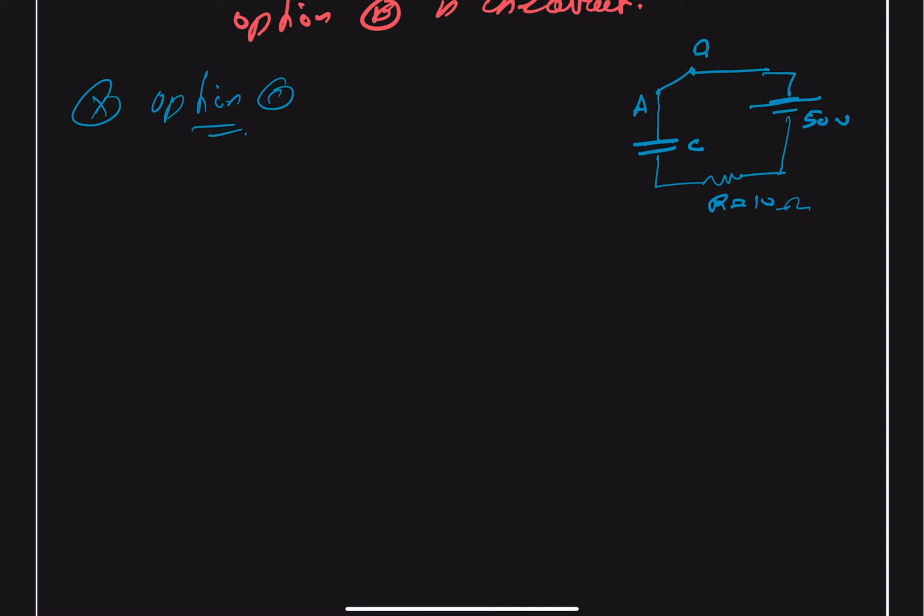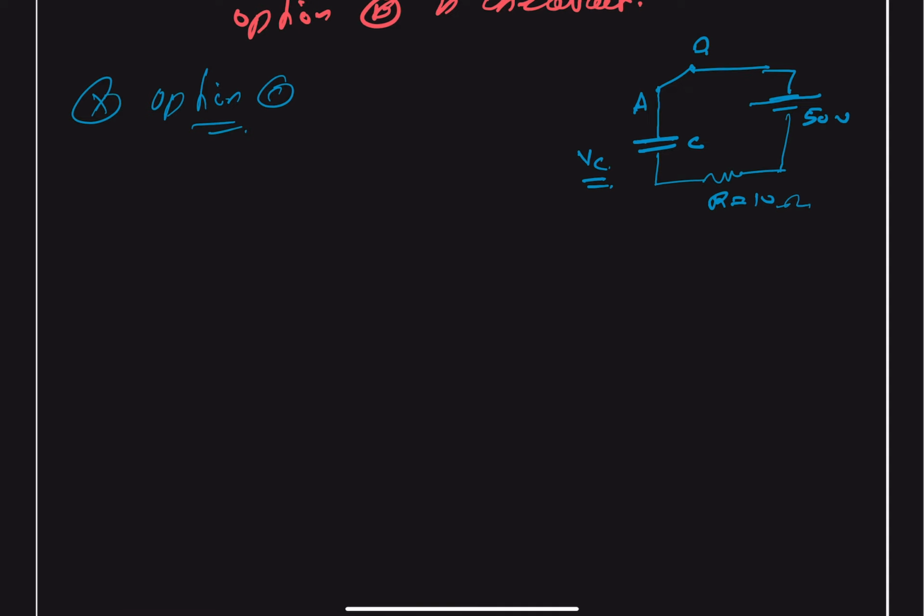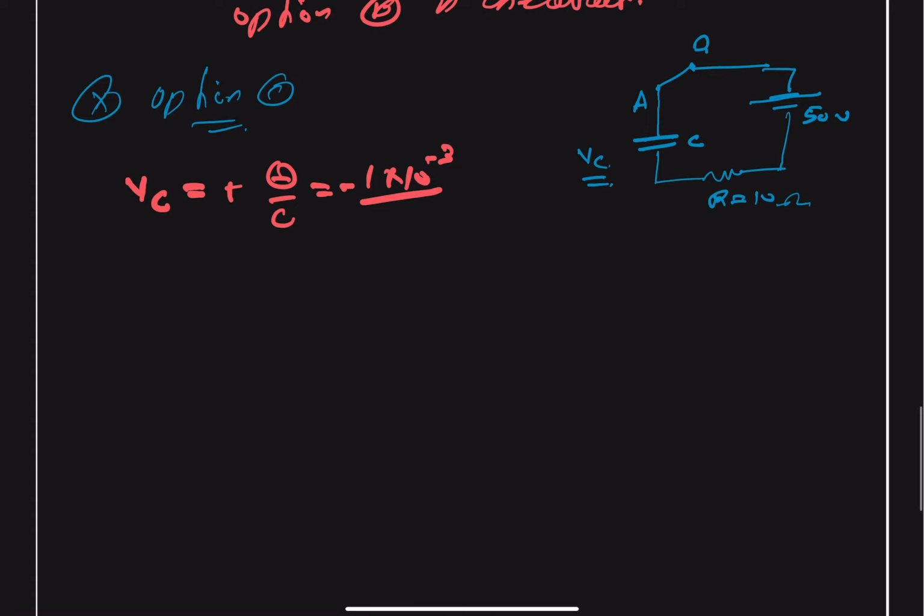Now we can find out what will be the capacitor voltage, that is our VC. So we can say that our VC will be equal to Q upon C. Q we just found out is 1 into 10 to the power minus 3 divided by 20 into 10 to the power minus 6.